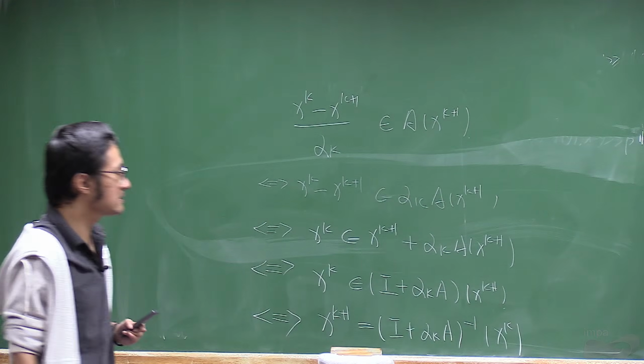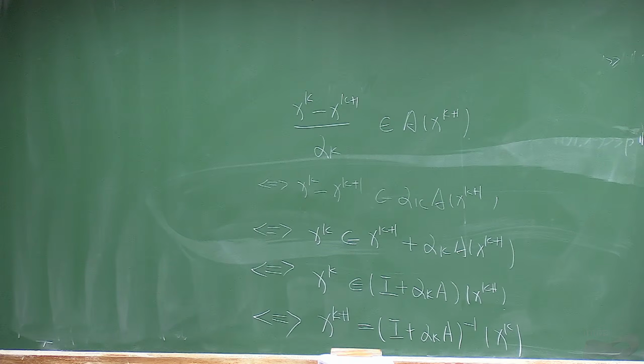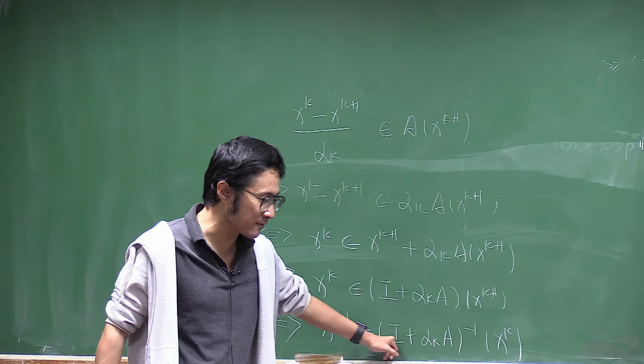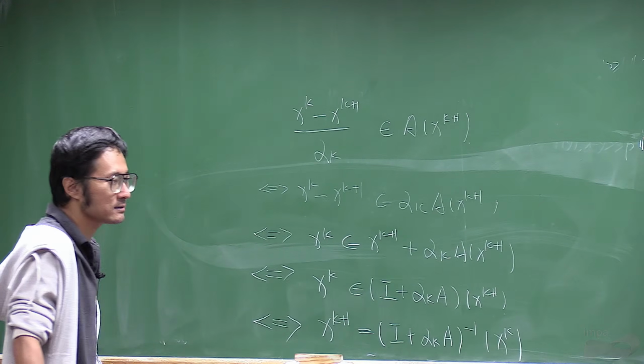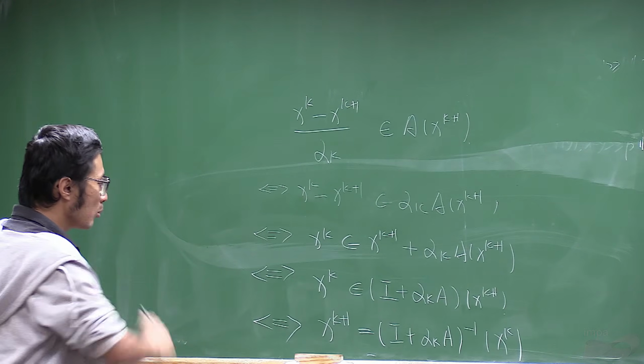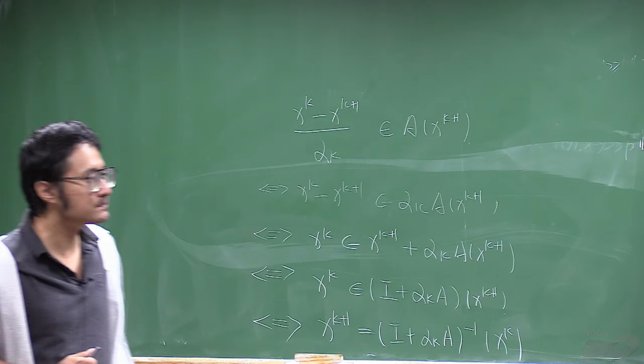Okay, so this is the backward Euler method. Of course, if you have an explicit form of the inverse, you can write it in this way. And this is also what the proximal point method looks like.